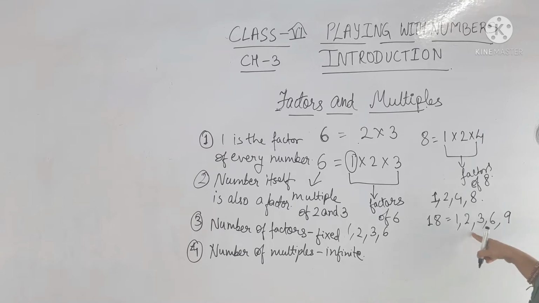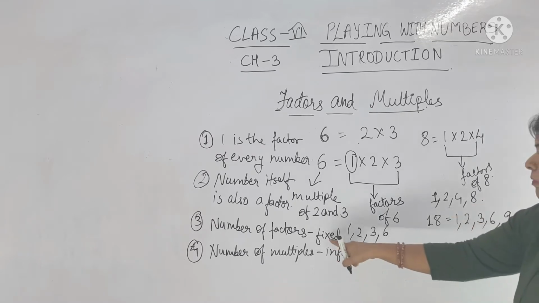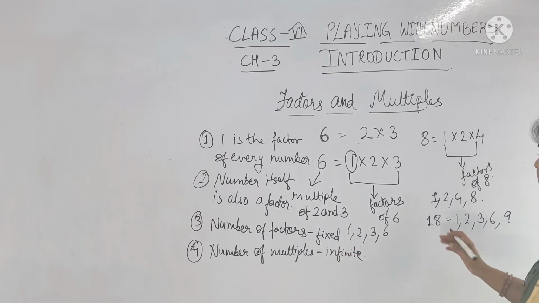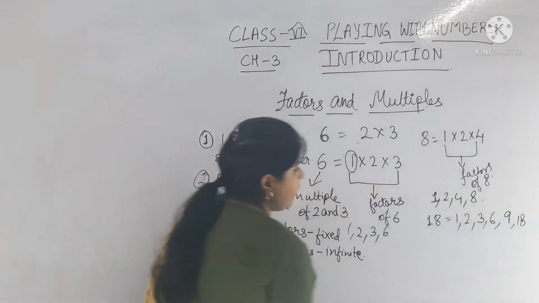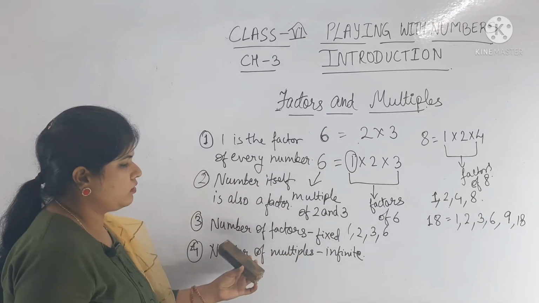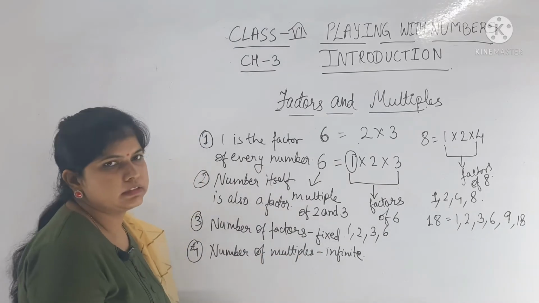So here 1 2 3 6 9 and 18 are the factors, that is a fixed number, okay. So these are the fixed factors, and it is finite.